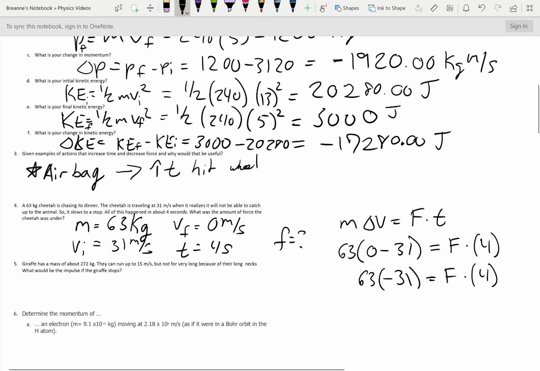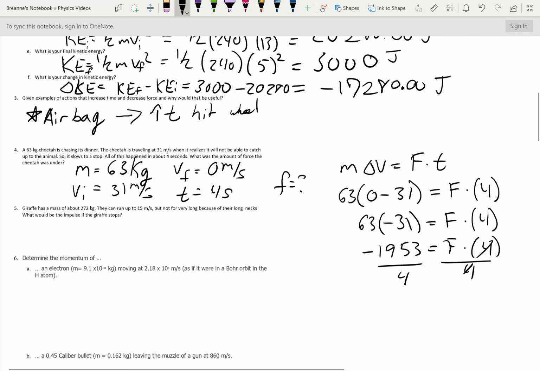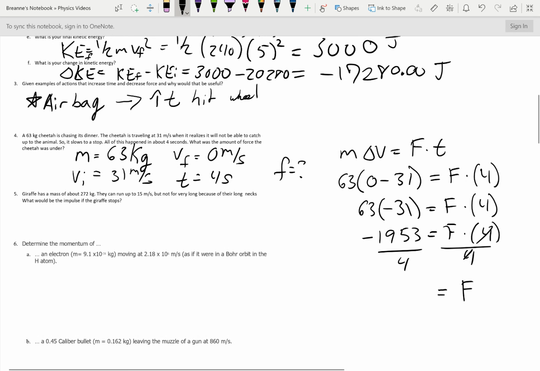So if you do 63 times negative 31, you get a negative 1953. And to get the 4 on the other side, since you're being multiplied, you have to divide. And so you get your force to be equal to a negative 488 newtons. So those cheetahs, when they're having to accelerate and slow down and all that fun stuff, are under a lot of force.